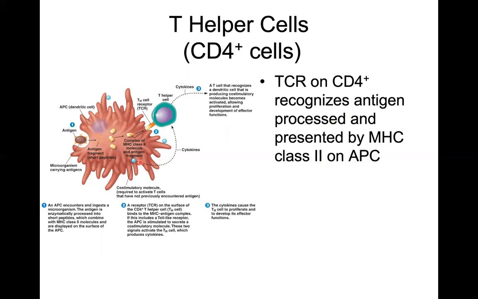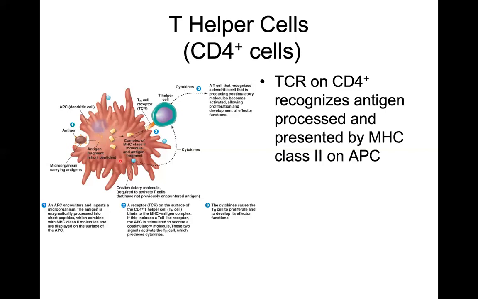The antigen presenting cell disassembles this antigen and breaks it apart, and by processing the antigen, it will take a fragment of it. You can see here these yellow triangles, which are your MHC class 2 proteins. The antigen is broken down and processed here, and then the MHC class 2 protein will take a portion of that antigen and bring it to the surface of the antigen presenting cell.